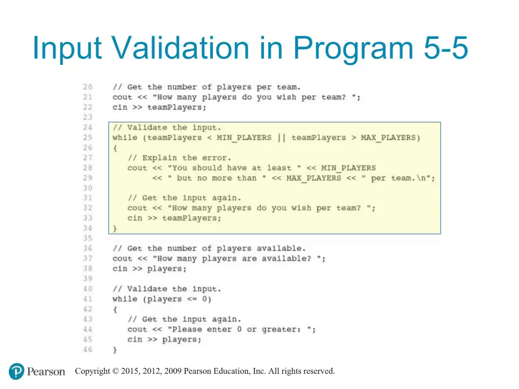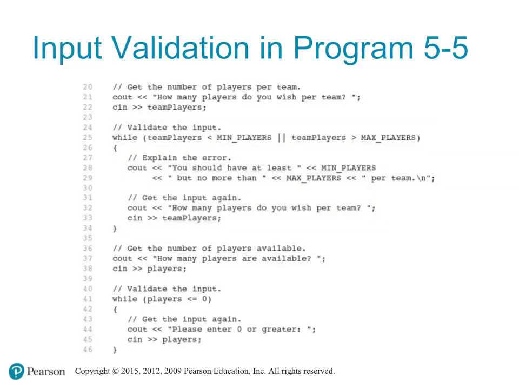So while team player is less than the minimum players or team player is greater than maximum players, when this condition is true, the input is invalid. So an error message is displayed explaining the allowed range. The user is prompted again to enter a valid number.